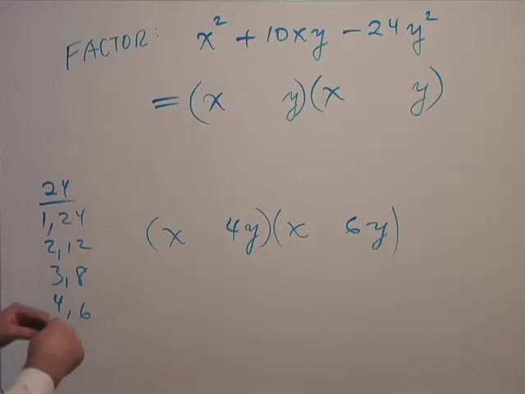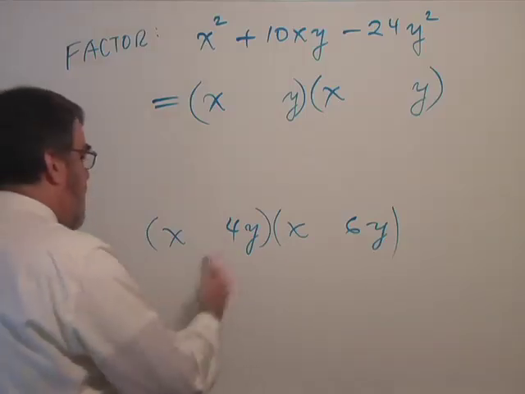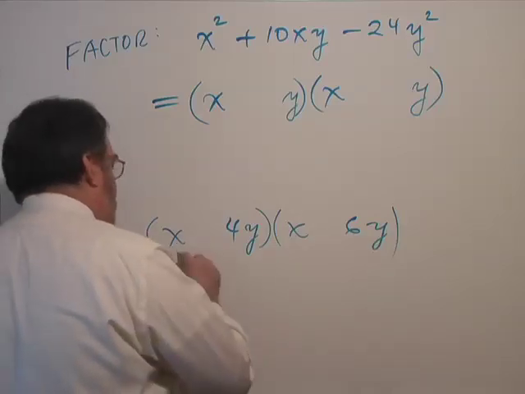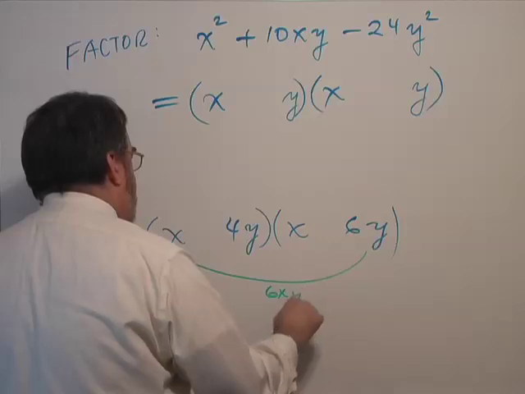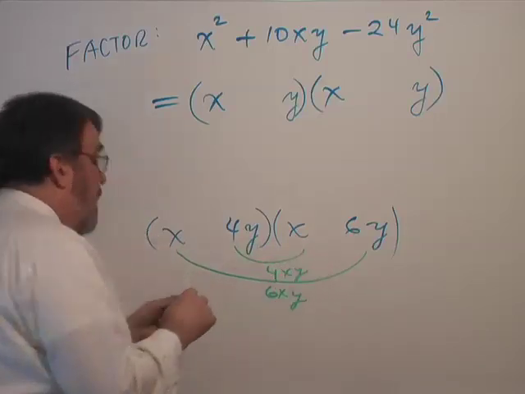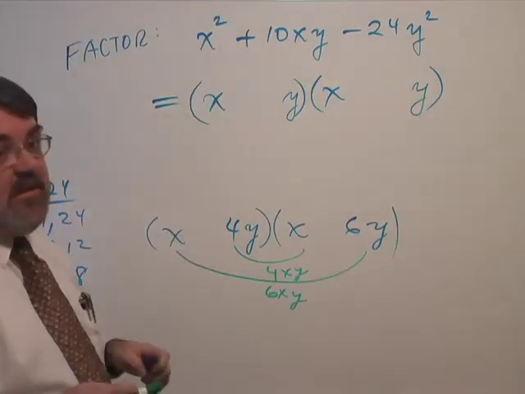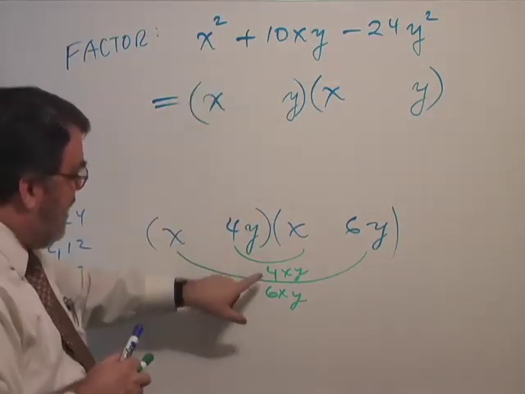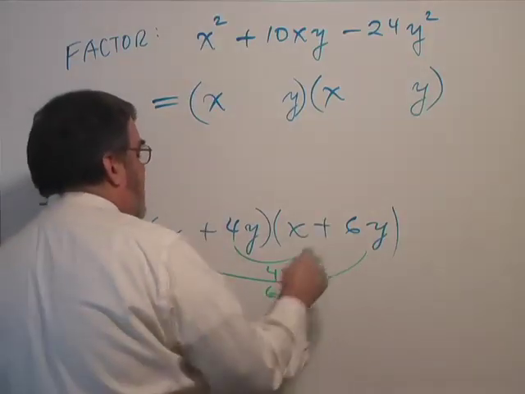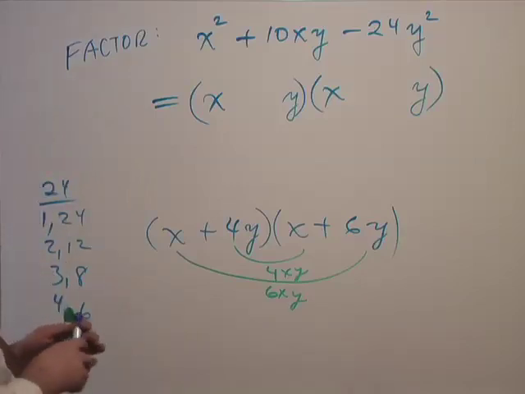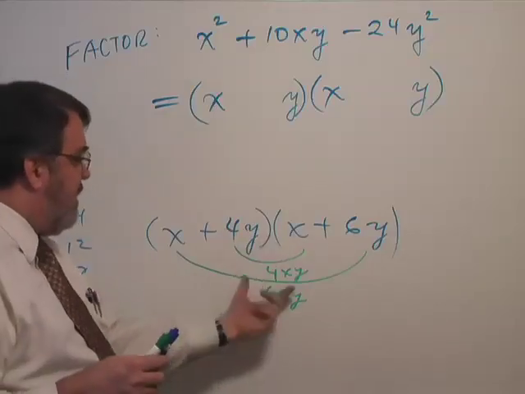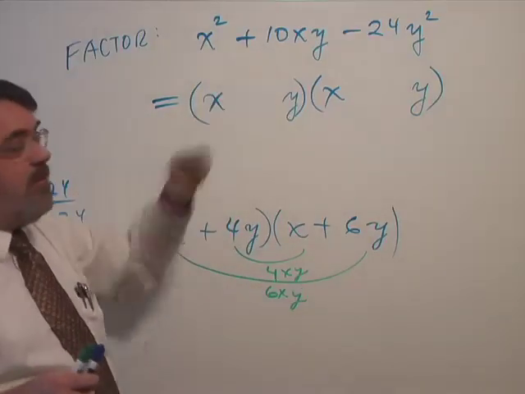Now, the outer terms come to 6xy, and the inner terms come to 4xy. And I want a positive 10xy. So to get a positive 10xy, both of these would have to be pluses, wouldn't they? So I need a plus here and a plus there. All right, so that part's good, isn't it? Because this is going to give us positive 10xy, which is what we meant.